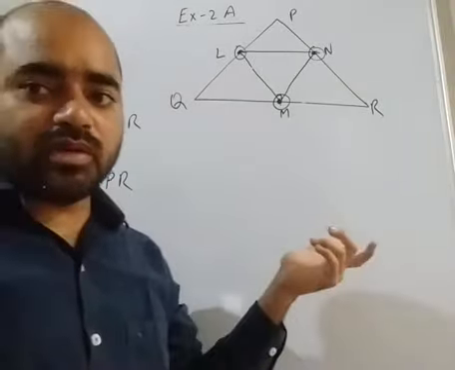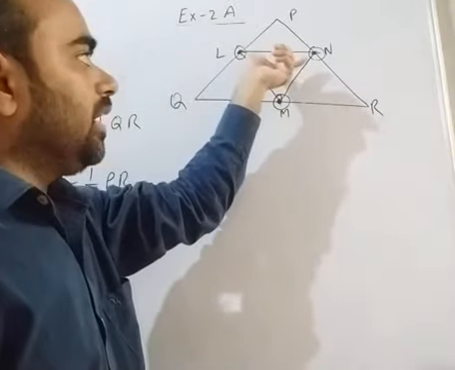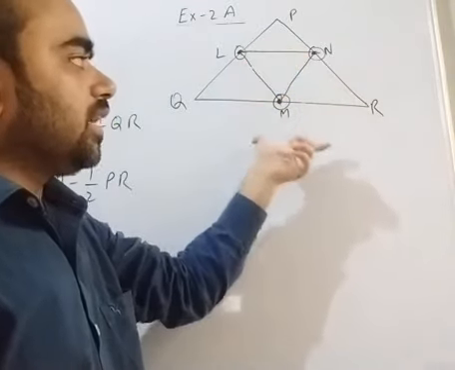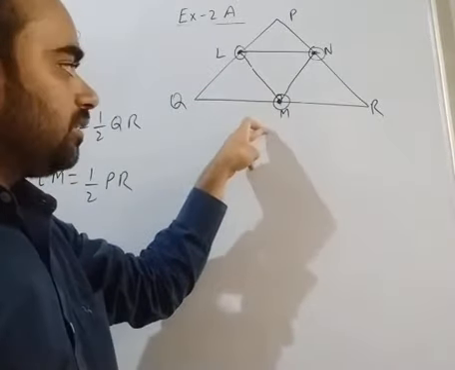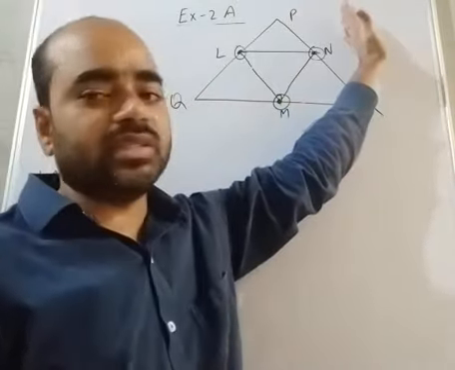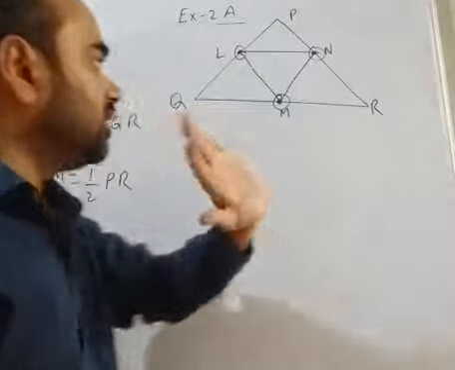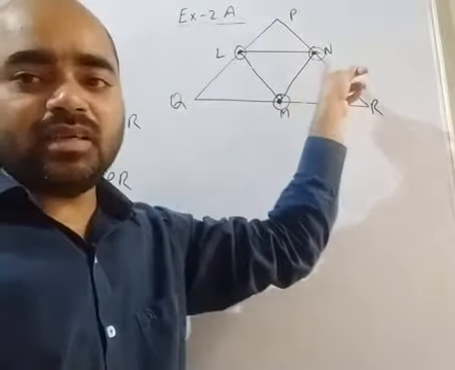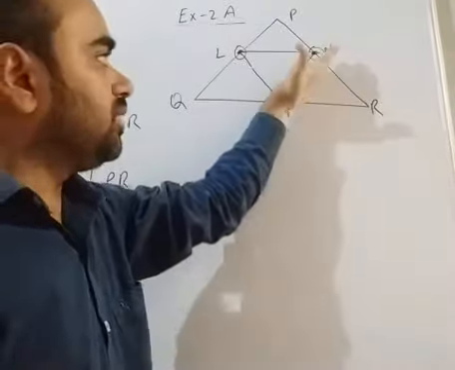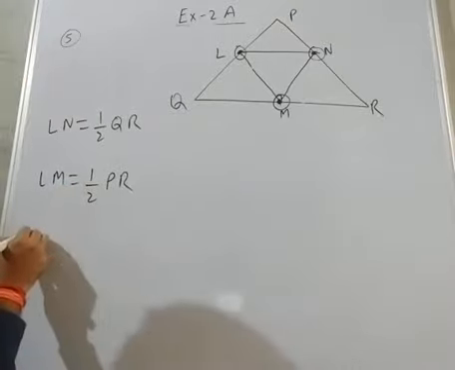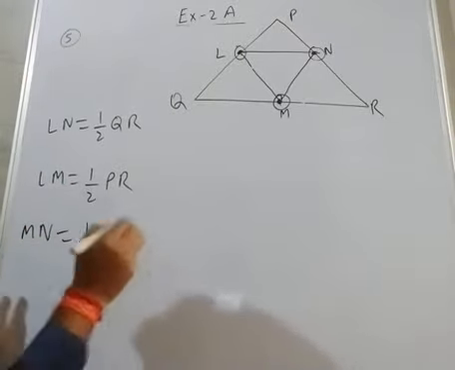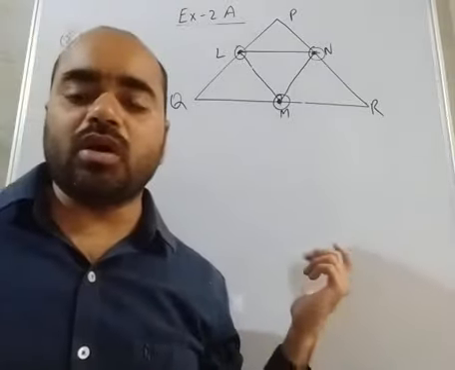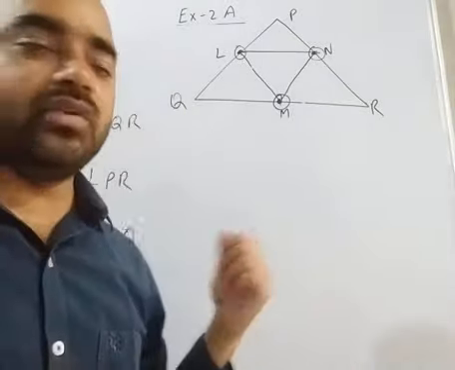Take the midpoints and the opposite side. L and N are midpoints, LN is half of opposite side QR. L and M are midpoints, LM is half of opposite side PR. Now what is left? We can take M and N. MN is half of opposite side PQ. Correct? Up to here all by the midpoint theorem.